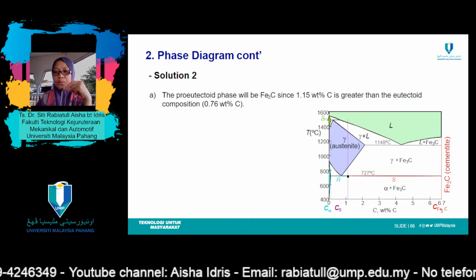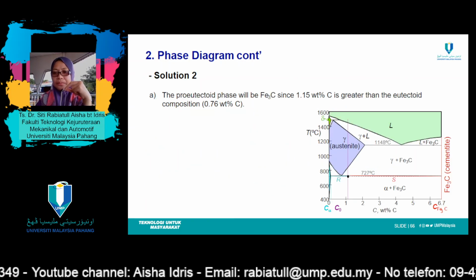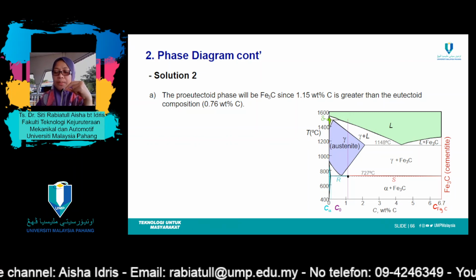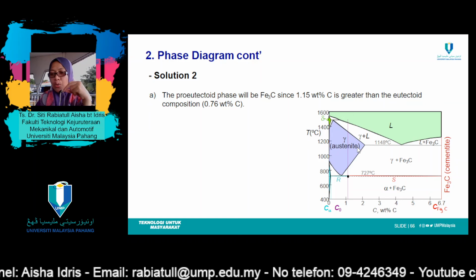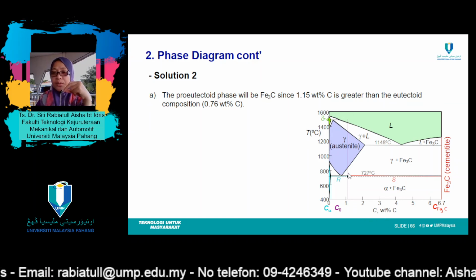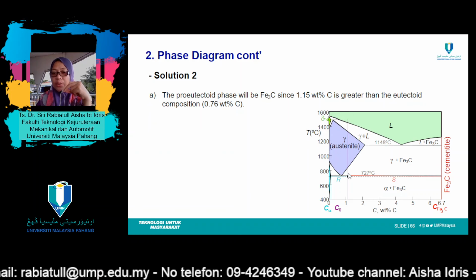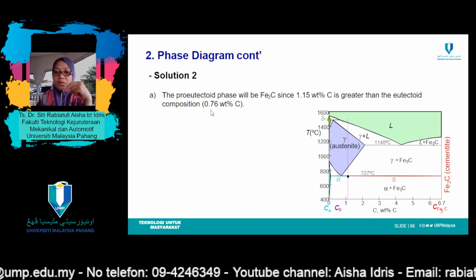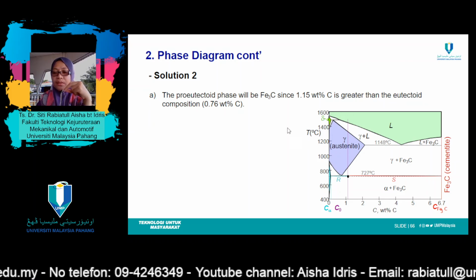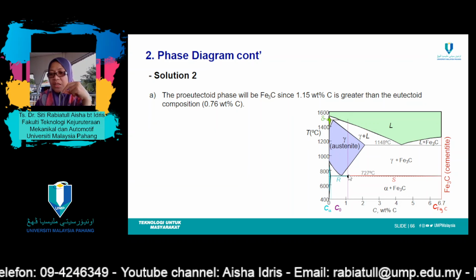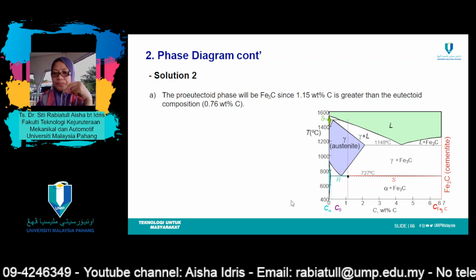So let's do this together. The pro-eutectoid phase will be cementite, since 1.15, somewhere here, is greater than the eutectoid composition, which is 0.76%. So cementite will occur over here.